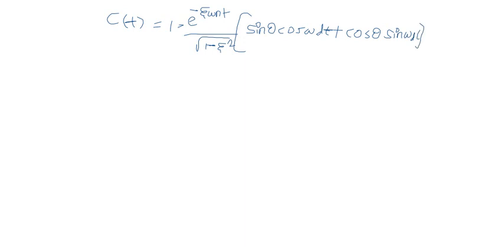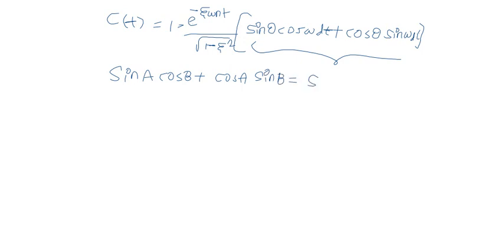So this is similar to sin a cos b plus cos a sin b. This whole term is similar to sin a cos b plus cos a sin b. So that is equal to sin a plus b.